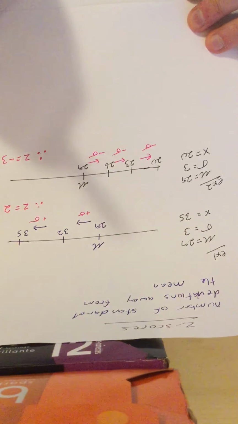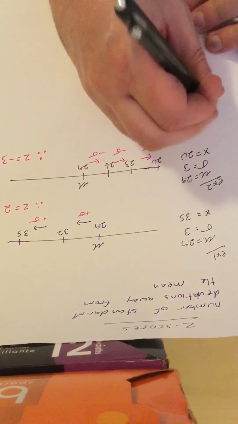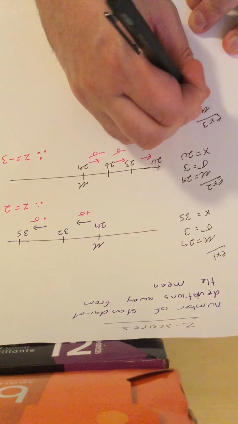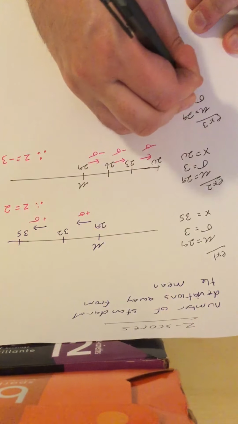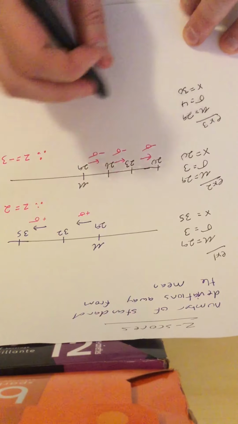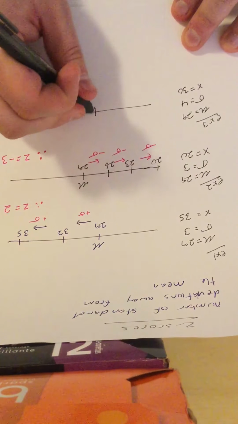Now, let's say for example the mean was 29 and the standard deviation was 4, just to make things pretty, and our value is 30, and I want to know the z-score there.